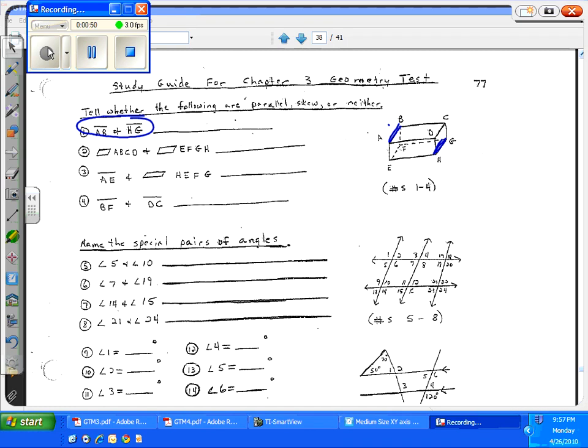Parallel lines are coplanar lines that never intersect. Remember, we're thinking about the lines, not necessarily just the segments. But you see the diagonal plane that those are part of? Those are two lines that are coplanar and never intersect, so they are parallel.